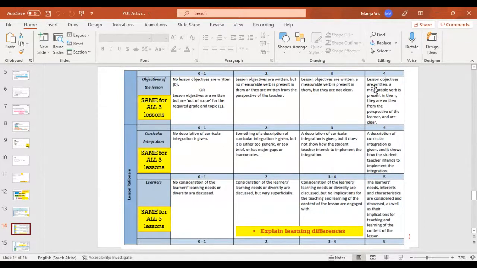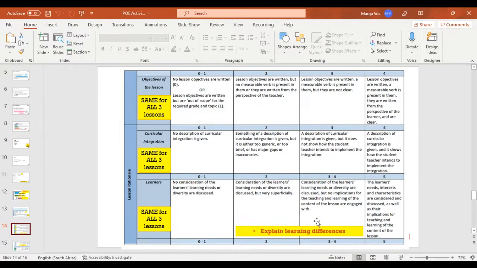So you write all the objectives that you want to introduce or do in the 3 lessons. You write down the objectives of the lesson. The curriculum integration also just once, and the consideration of the learners also once by explaining the learning differences.